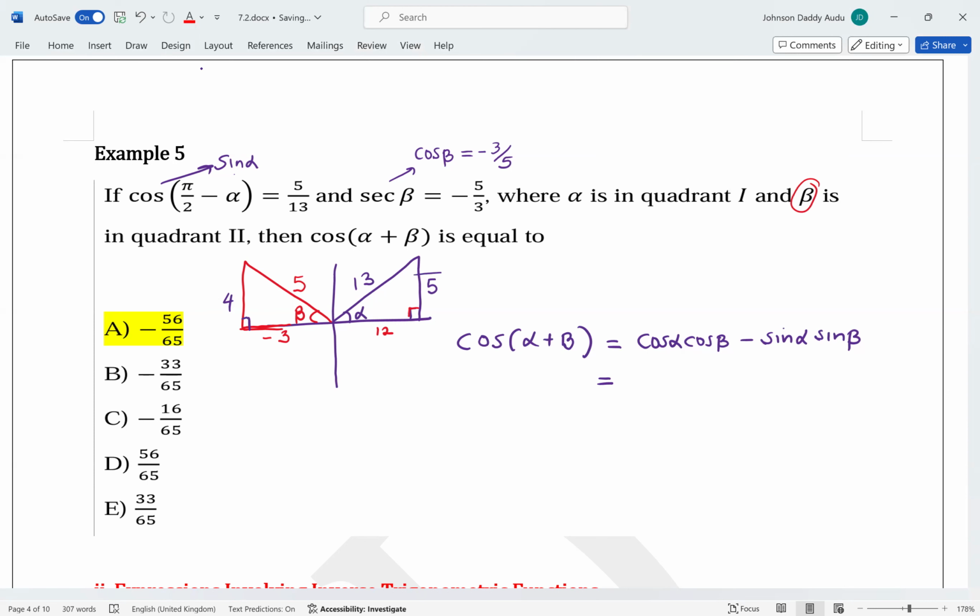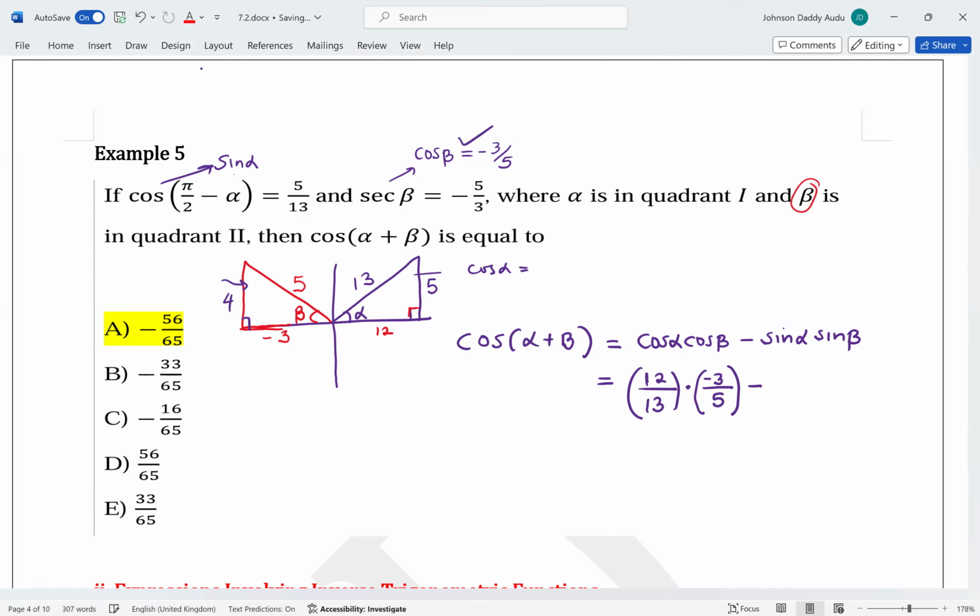So from here, you can see that cosine alpha is just adjacent, which is 12, over hypotenuse, which is 13, times cosine beta. Cosine beta, you have to come to the second quadrant. So what is cosine beta? Which is already given, actually, we already know it, which is minus 3 over 5.